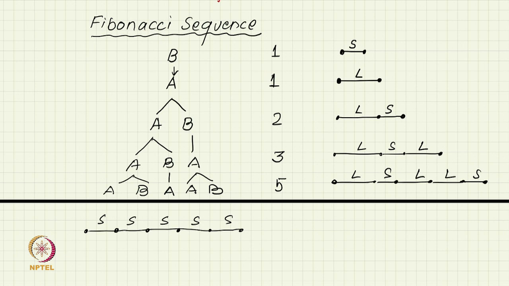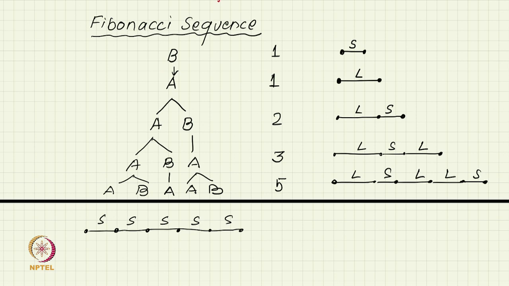You do not have periodicity, but is it random? You are getting it by a very systematic mathematical process. So, even in the nth iteration, you know what you will get. Whereas, if I start throwing L and S really randomly by tossing a coin, head means L and tail means S, then I will get a random sequence of L and S. So, that will be a one dimensional amorphous sequence of points.